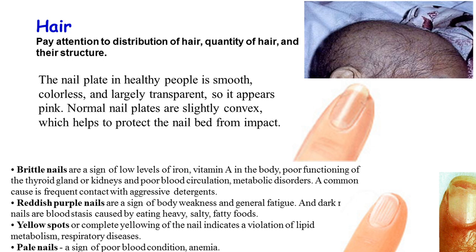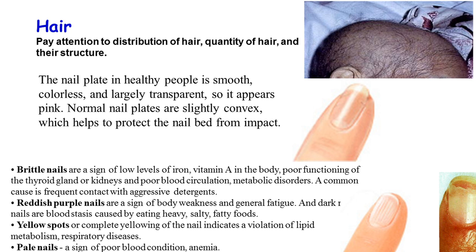Assessing hair, examination of hair, is also very important. Pay attention to the distribution of hair, quantity of hair, and their structure. And then you examine the nails. The nail plate in healthy people is smooth, colorless, and largely transparent, so it appears pink.